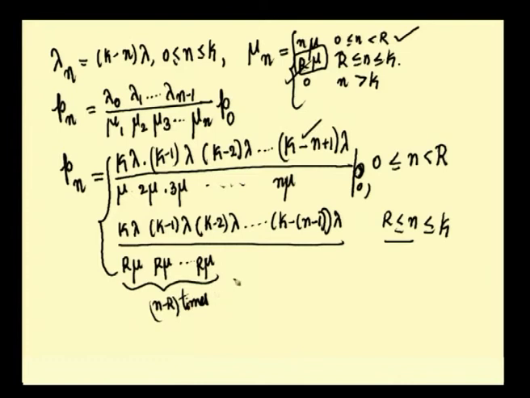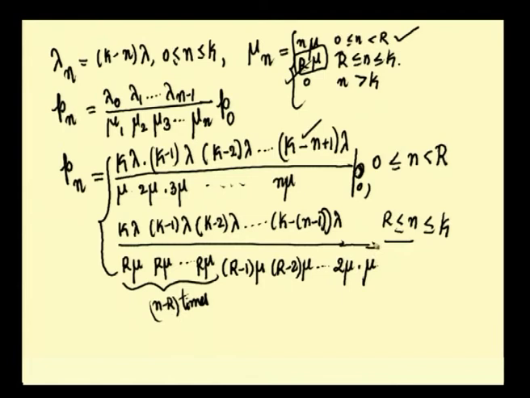Now, when more than that, the next term would be R minus 1 into mu, and then R minus 2 into mu and so on. Suppose n equals k minus 1. Then the last but one term would be 2 mu and the last term would be 1 into mu.